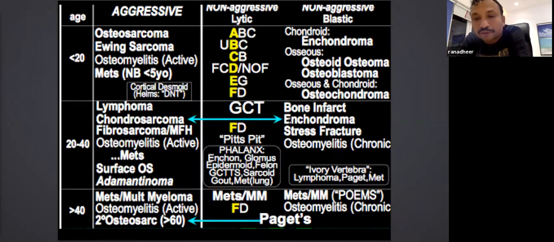The problem comes when you are following up patients. You have treated a patient of neuroblastoma when he was young and they come for follow-up and you find bone lesions. Don't say that it is metastatic unless you have seen where is the site, where is the transition zone, where is the age, what is the matrix, periosteal reaction, and soft tissue component.